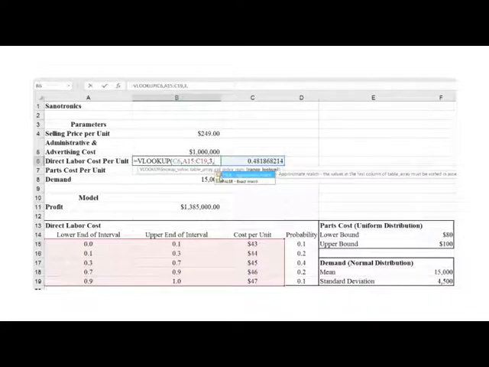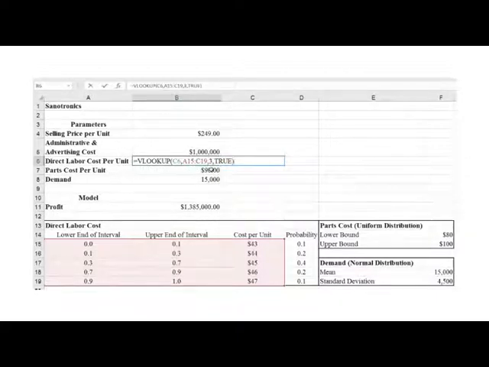And notice that the value that we generated, 0.481, does not exactly equal the lower end of the interval. So therefore, we need an approximate match. And so we enter true as the last argument. This means it will find the value in the first column, which is the last value that it is larger than.